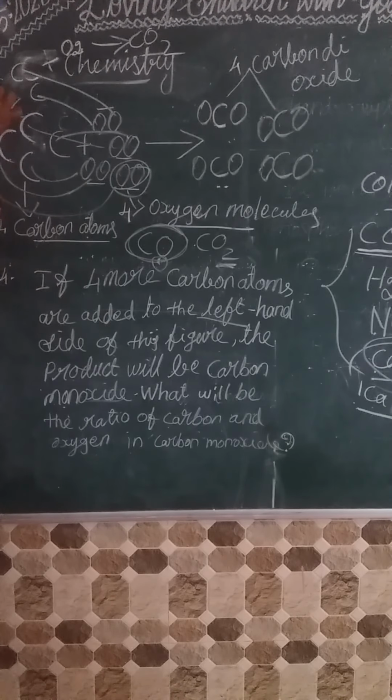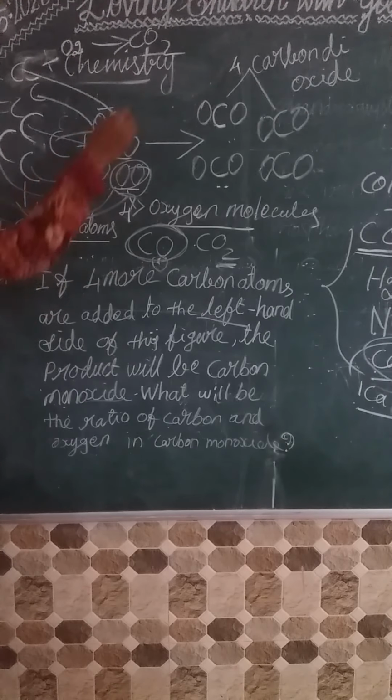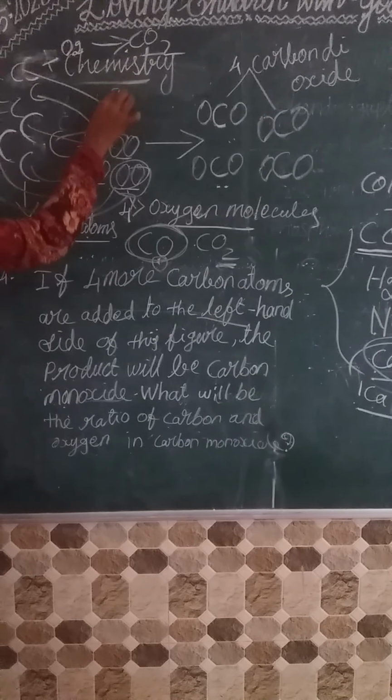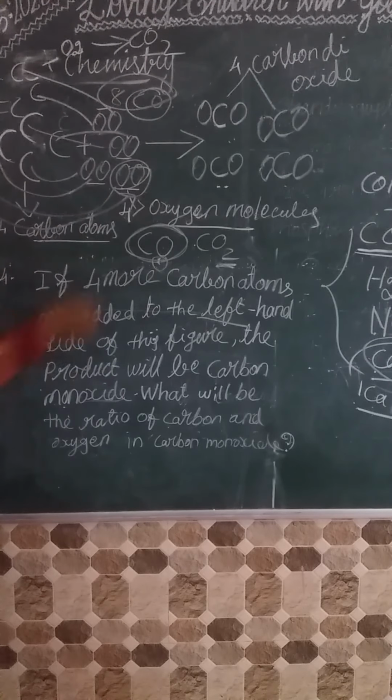All the carbon atoms join with one more oxygen atom. Now 8 carbon is there, 8 atoms of oxygen is there. So the reaction is we will get 8 times CO. CO is carbon monoxide.